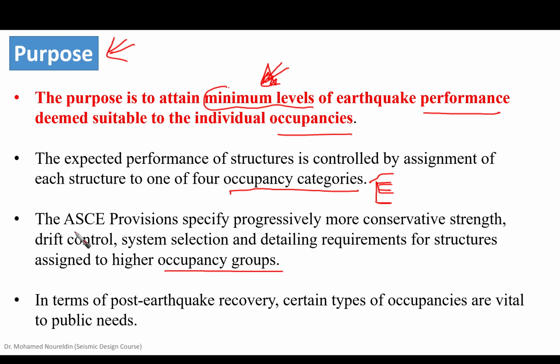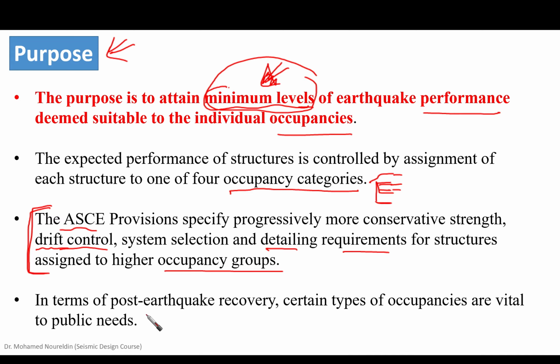Whenever we go up in the risk categories, we notice that ASCE provisions give more controlling requirements, like drift control, specific system selection, or specific detailing requirements. This is based on the minimum performance level that we try to maintain in our structure.